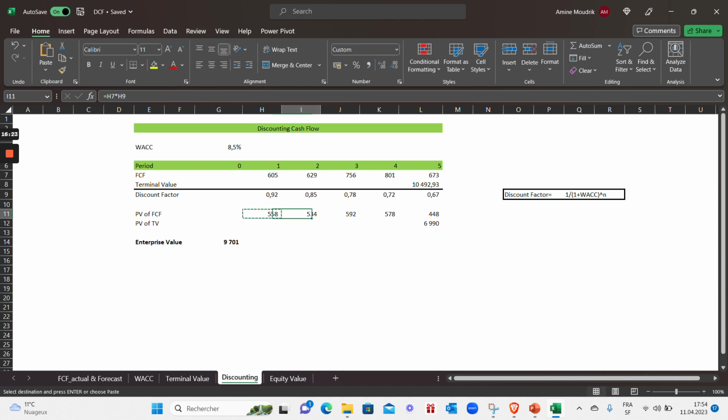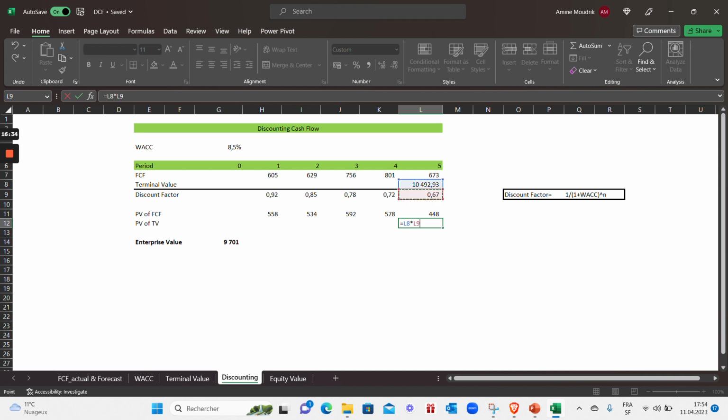I copy this cell and paste it here, and this one would be our terminal value times our discount factor. This is a sum of both the present value of our free cash flow and the present value of the terminal value. That means our enterprise value is 9,701.